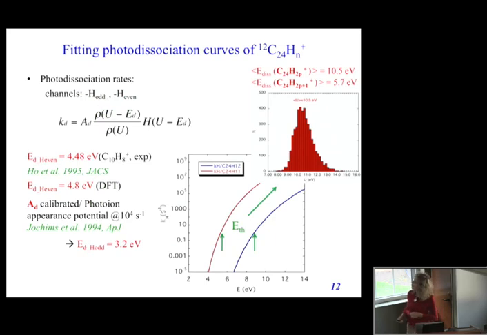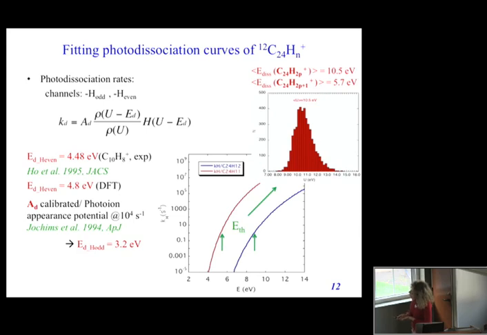So our plan was to assume that the dissociation energy for even H is known from previous experiment or from DFT calculation, and then fit the dissociation energy for the odd H, which we found here at 3.2 eV.